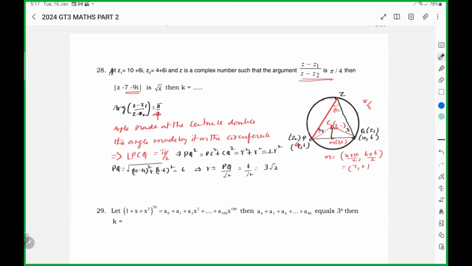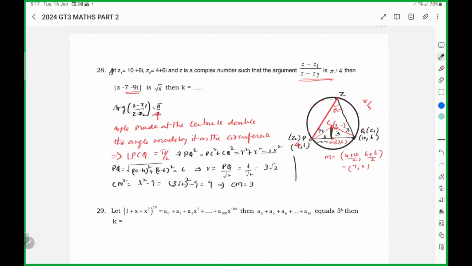Then let us find the CM. Here it is, this is 3, because from 4 to 7, there is only a distance of 3. CM square is r square minus 9, 18 minus 9, CM is 3.